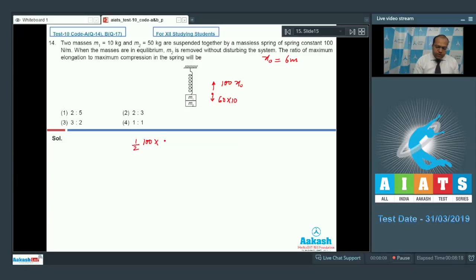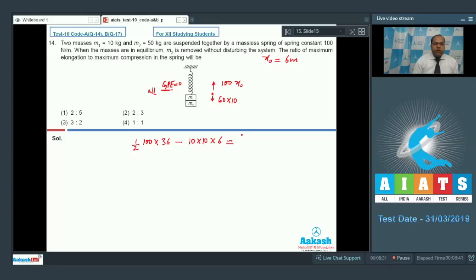So half k x squared, so 6 squared, that is 36, plus the initial energy stored. If I consider the natural length as the reference for zero gravitational potential energy, then it can be written as minus m1, which is 10, into g into h, h is 6.